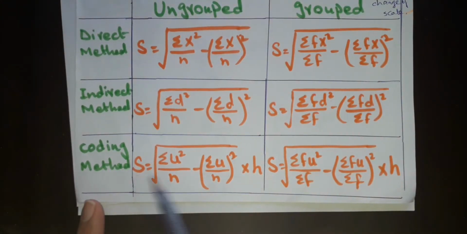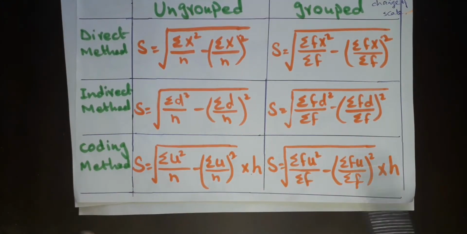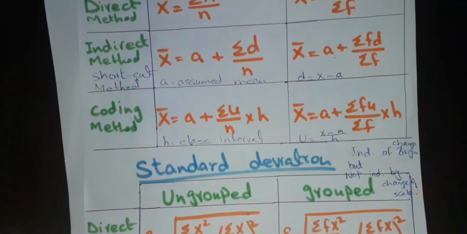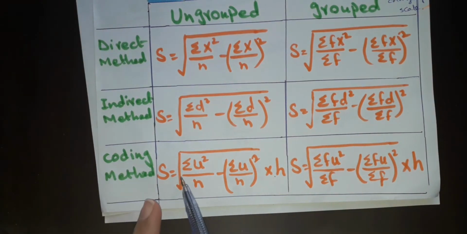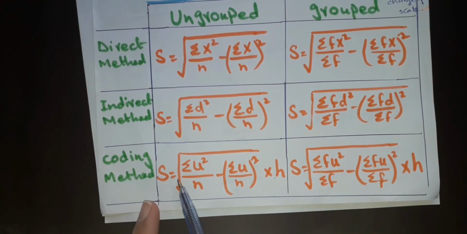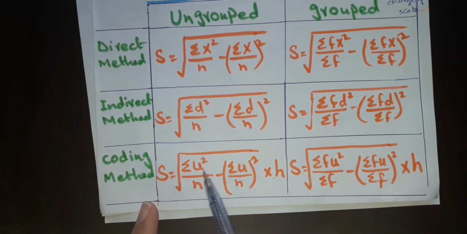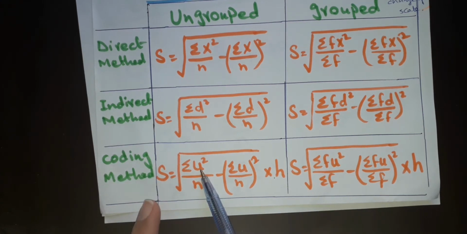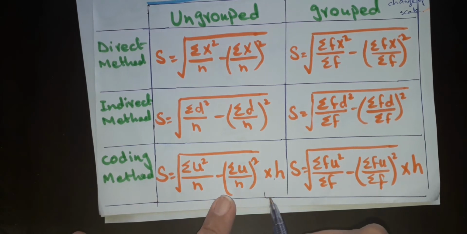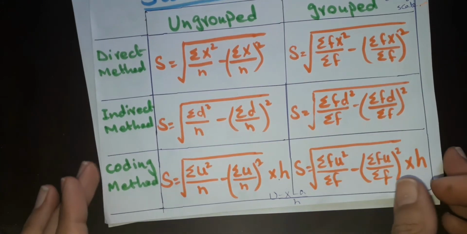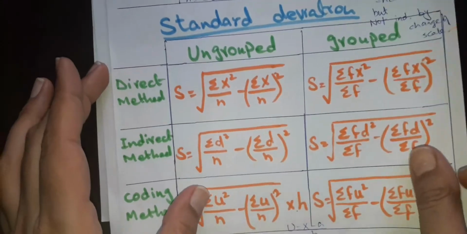Look, in the coding method, we include h here, like the arithmetic mean. We multiply h here also, but we don't include plus a. We just replace x by u, like x by d before. And what is u? U is equals to x minus a over h. Now I'm going to start standard deviation.